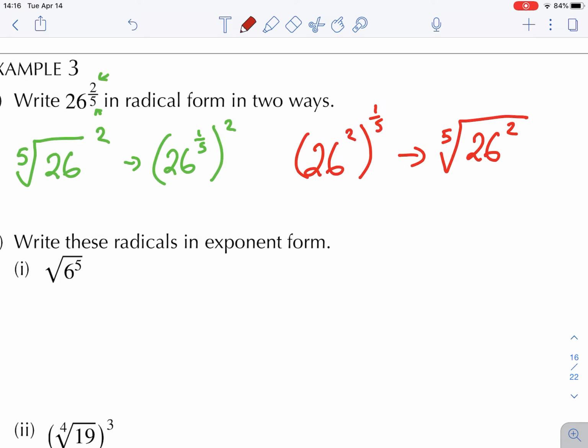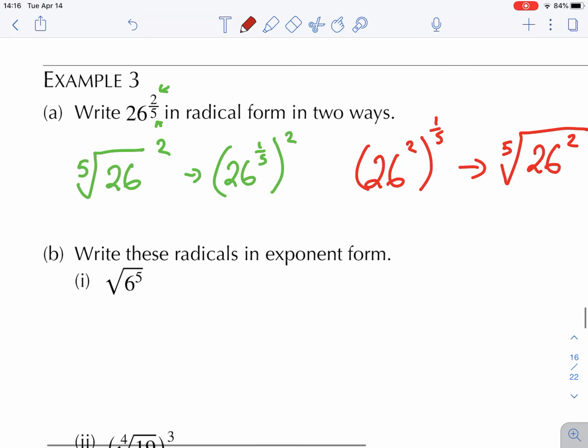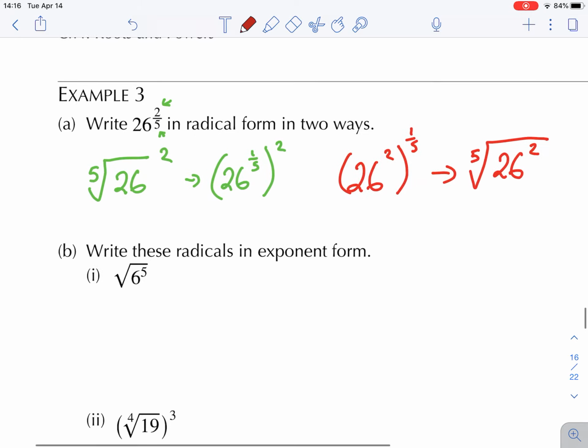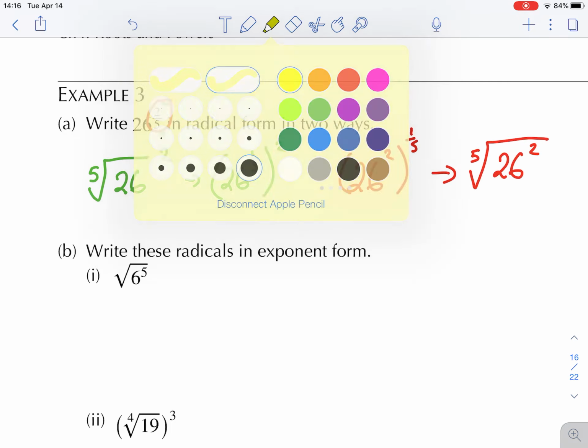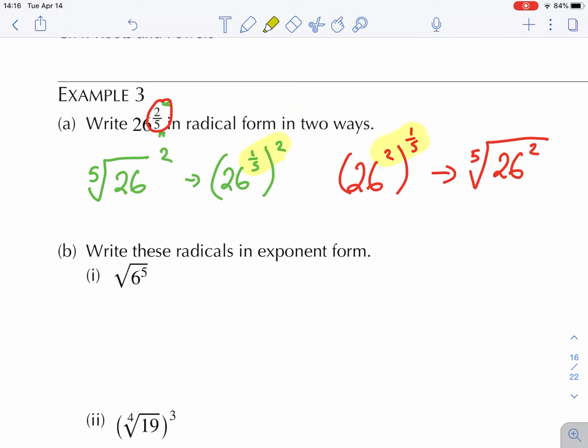This time the exponent is part of our radicand, whereas in our first one, the exponent was not in our radicand. So we can write it both ways by separating out the fractional exponent into this form or this form.